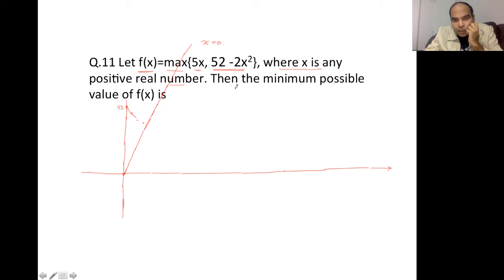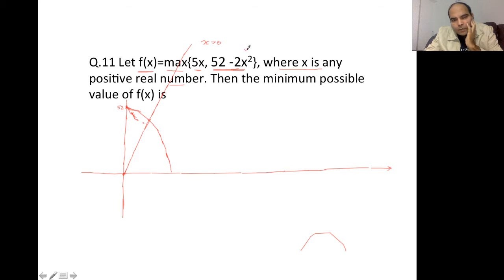Since the coefficient of x squared is negative, the shape of such graphs is always an inverted U. So this graph is coming down in this concave fashion, and it'll come down and somewhere intersect the 5x line, and keep coming down.